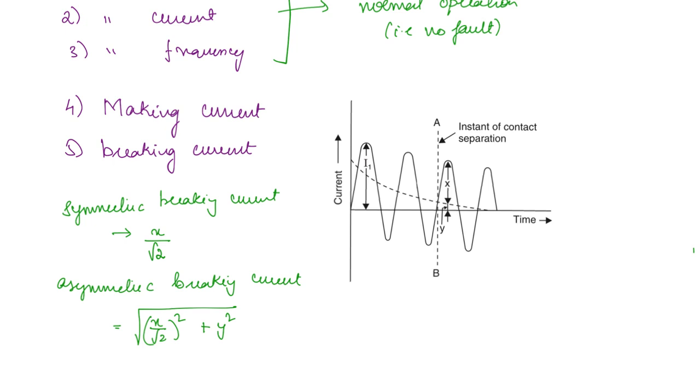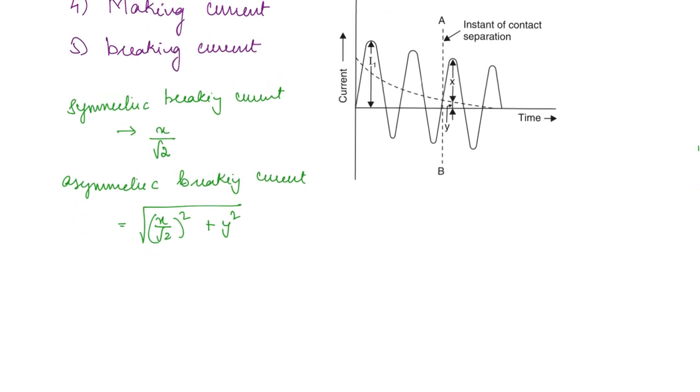Now what is the relationship between making current and breaking current? You can get the making current from the breaking current like this. We want the peak value, so we multiply by root 2 into the breaking current, and also since the initial peaks are going to be much higher in value, usually the factor by which it is higher, we take it as 1.8.